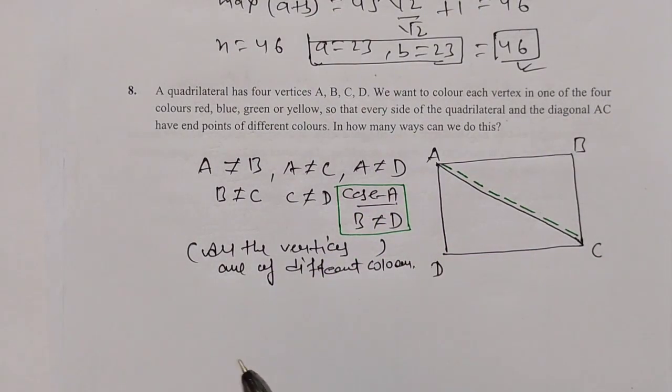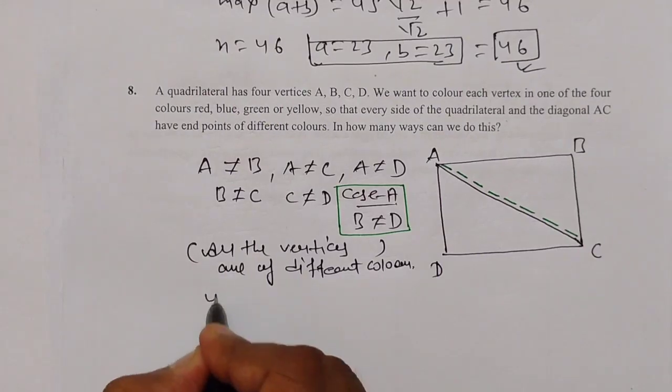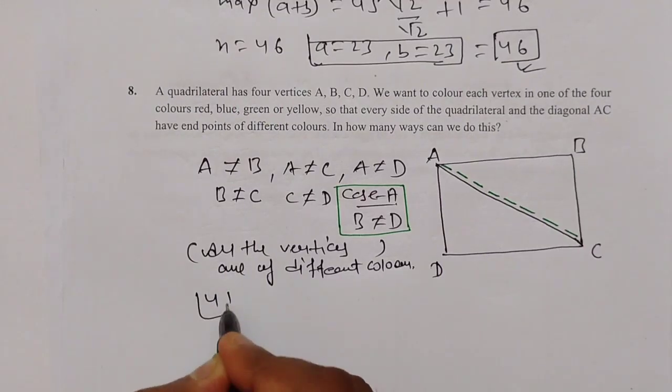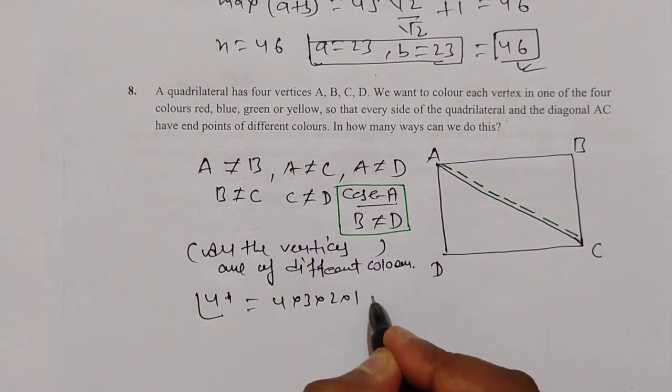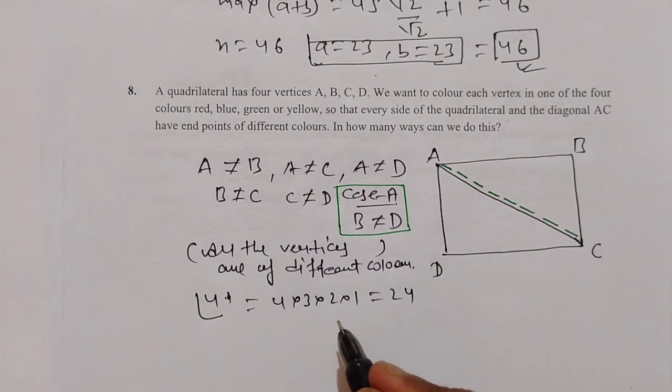Now if we use the total number of ways, that will be factorial 4, and this will be equal to 4 into 3 into 2 into 1, this is 24.